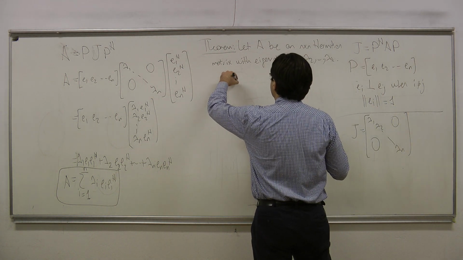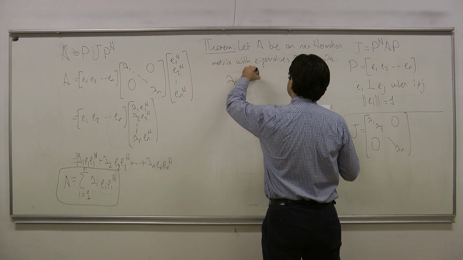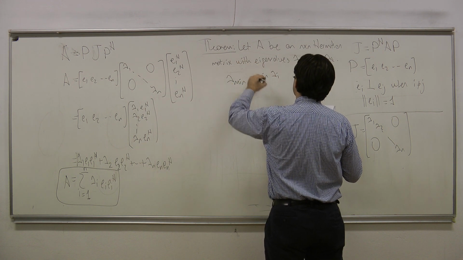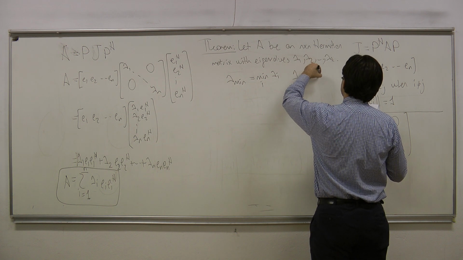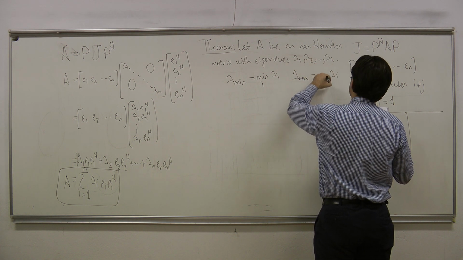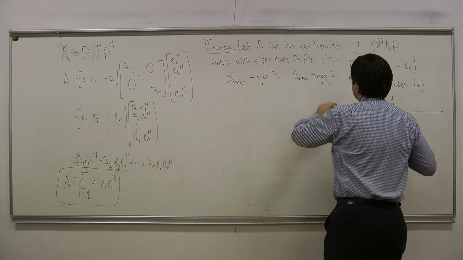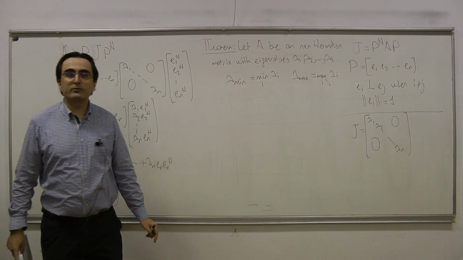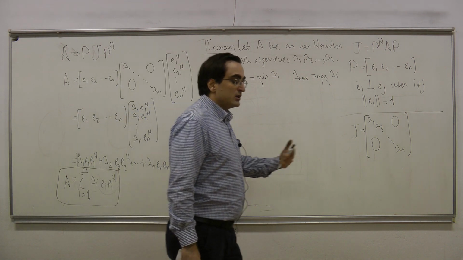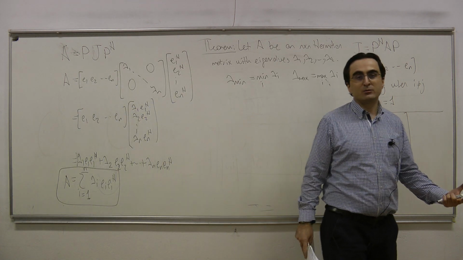Let us say that lambda min is the minimum of the eigenvalues over i, and lambda max is the maximum of the eigenvalues. Because the eigenvalues of a Hermitian matrix are always real, we can talk about their minimum and maximum.